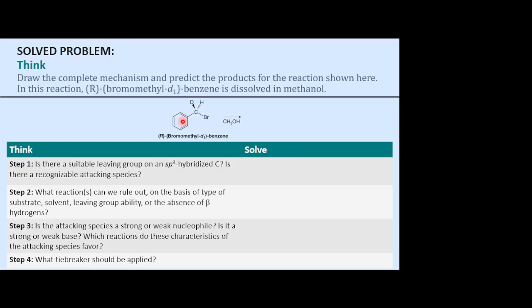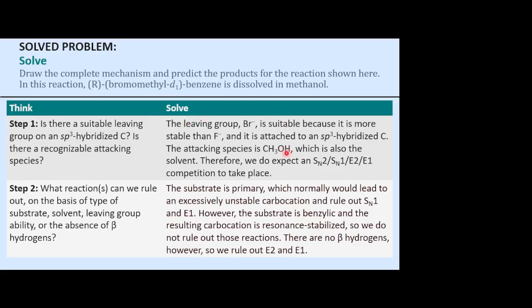That can do resonance structures, can't it? It's a benzene ring, okay? So if we make a carbocation here, it's going to be resonance stabilized. So that is still a possibility.